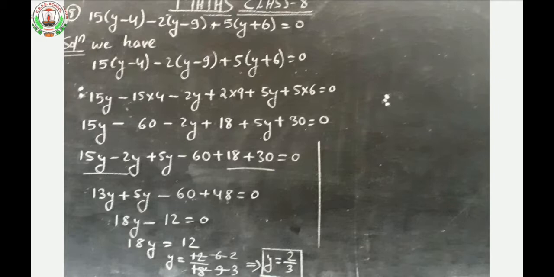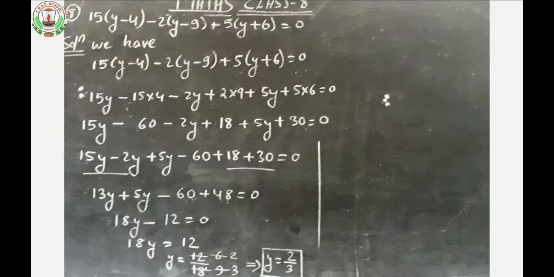Now transpose minus 12 from the left hand side to the right hand side, it will become plus 12. So 18y is equal to 12, isn't it? Now 18 will go in the denominator, so y is equal to 12 upon 18. Now 12 and 18 come in the table of 2. So 18 is cancelled in the table of 2 9 times, and 12 will get cancelled how many times? 6 times.